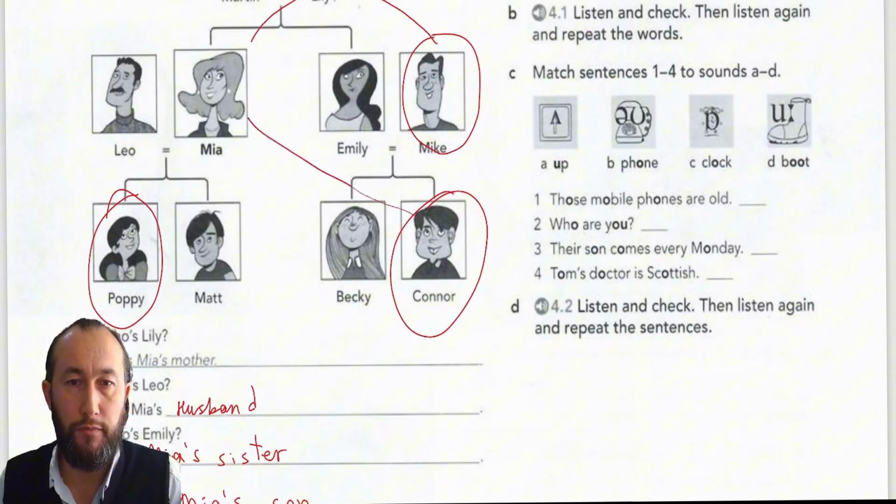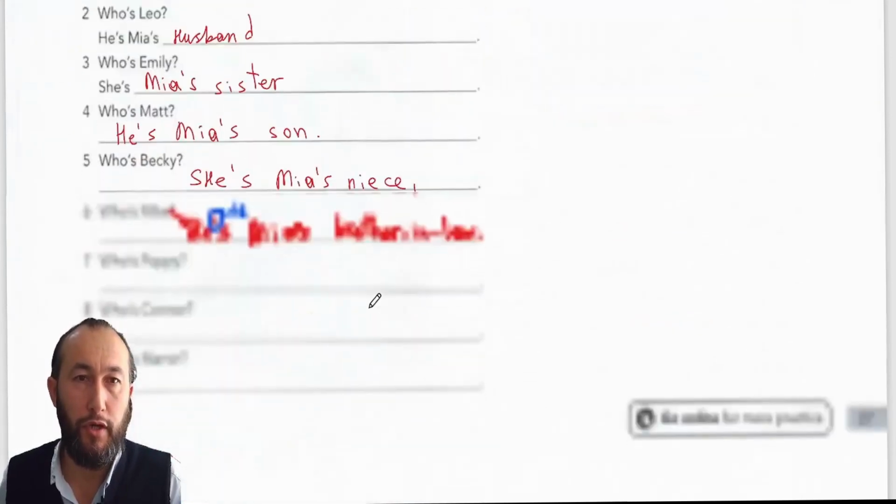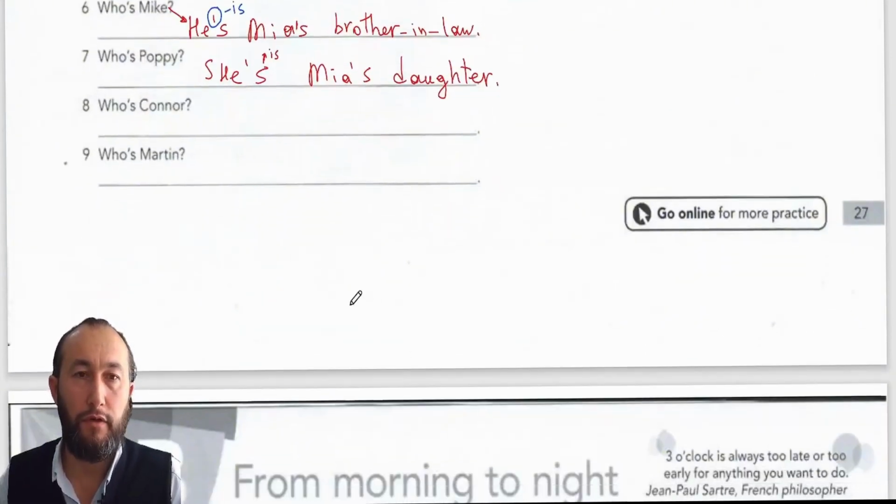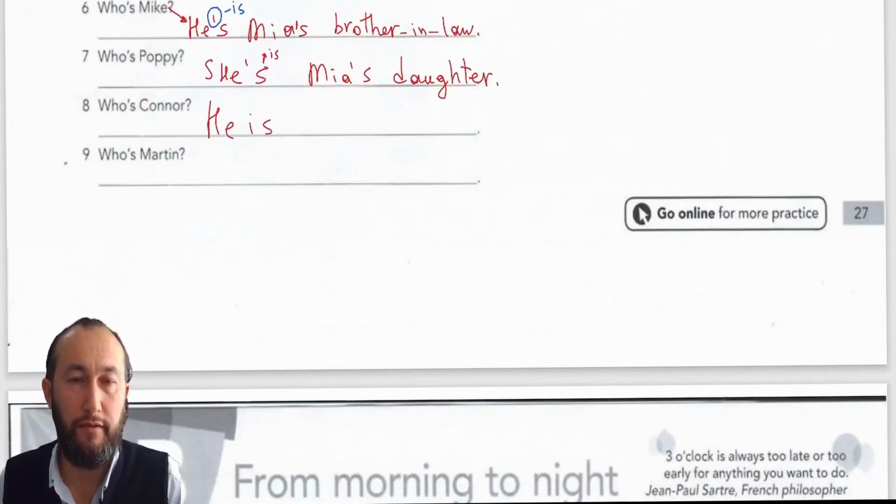The relationship between Mia and Connor: he is Emily's son. So that would be nephew for Mia. So Connor, Mia's nephew. So we're going to write here, he is, I mean, I can write the full form like that. He is Mia's nephew.